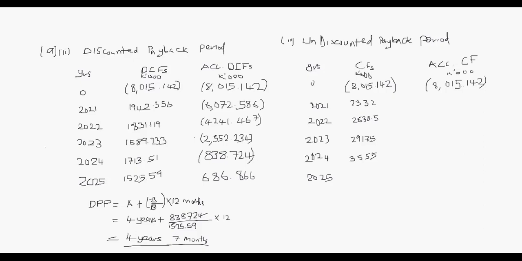And the last one, 3,795. Okay, so these are the undiscounted cash flows.